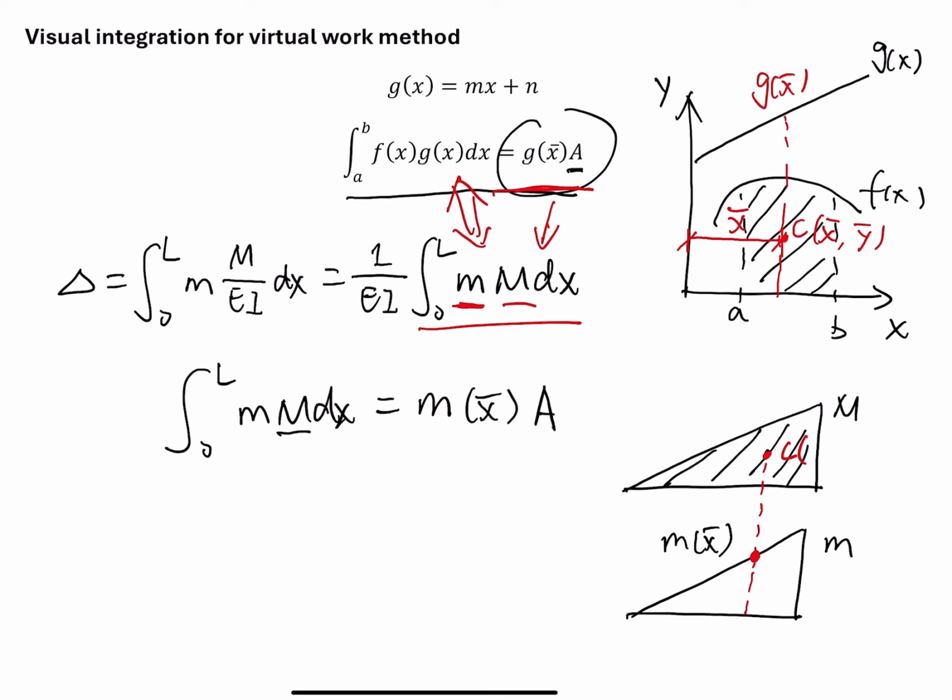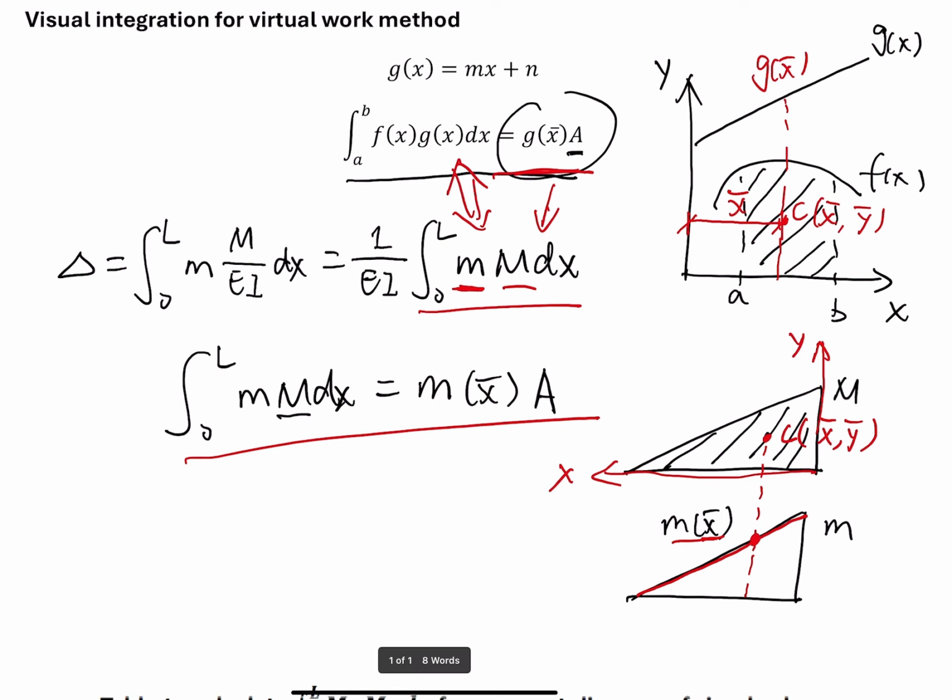We know that in a coordinate system, with y and x, the coordinates of C are x bar, y bar. After we know the location of the centroid point, we know x bar. After we know x bar, we can find m x bar on the virtual bending moment. So this is the expression for the visual integration.